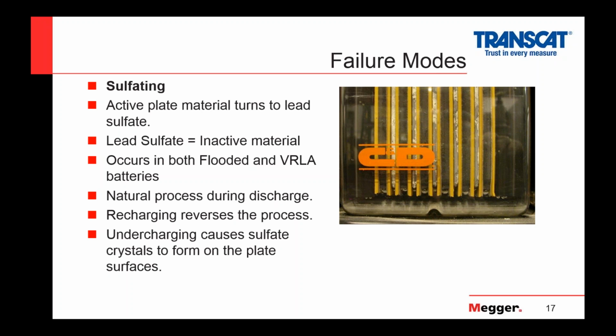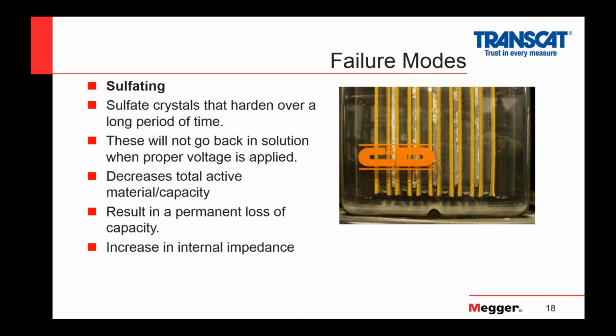Now, what can cause a problem here? Well, if we undercharge the battery, then the plates remain partially sulfated. The problem with this is that sulfate crystals get denser over time. They get harder. Now, we can force them to break down by using an equalization charge.